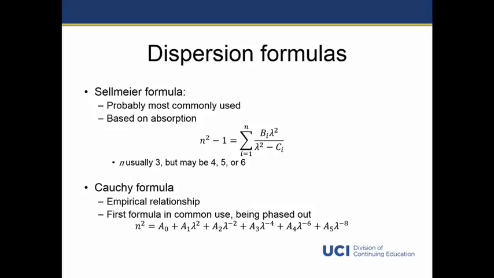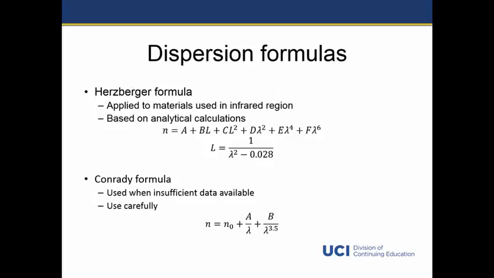And the Conradi formula, the one thing I want to mention is that if you have a material defined by a Conradi formula, it typically means that a very small number of data points was available to do the dispersion fit, and it's a dispersion fit that allows a dispersion formula to be calculated with a very small amount of data. Please use data defined with Conradi formulas very, very carefully. Its accuracy is somewhat suspect.